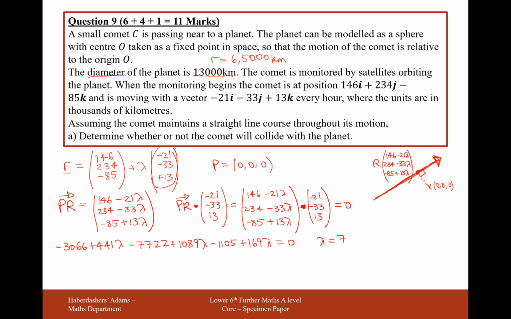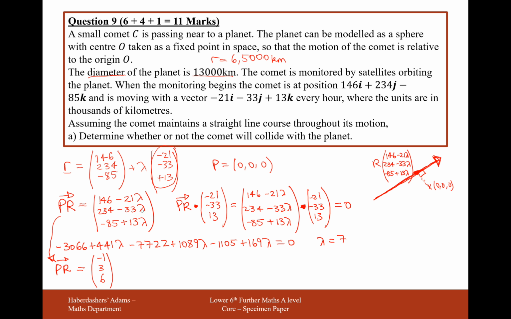So what we can do now is the distance from P to R, or the distance of the shortest point to the centre of the planet, we can now plug in lambda equals 7. So P to R, coming straight down from here, plugging in the value lambda equals 7, is going to give us (-1, 3, 6).